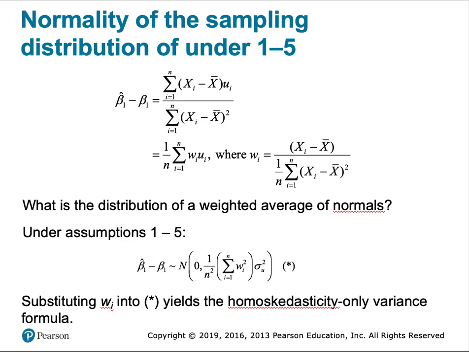Let's look at the normality of the sampling distribution under assumptions 1 through 5. We have defined the difference between beta 1 hat and beta 1 as this expression.